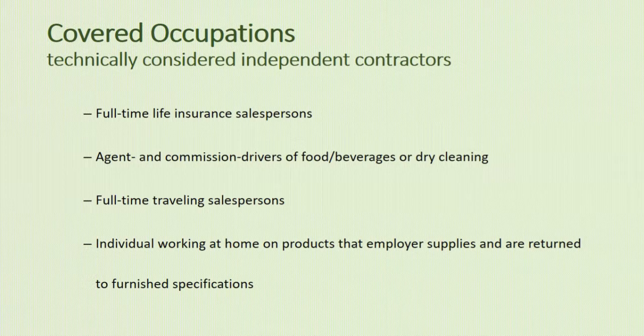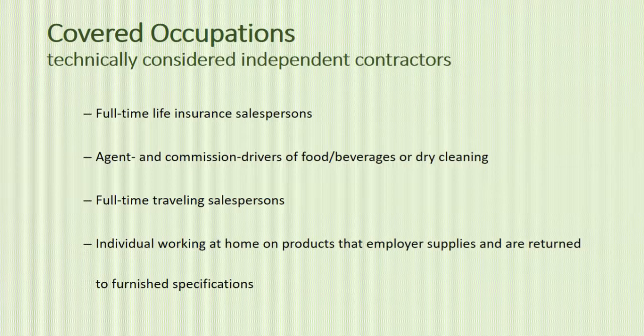Moving forward a little bit more, we're going to talk about the covered occupations. These technically are considered independent contractors. But in addition to those exemptions to not being covered, as we saw on that last slide, there are provisions to cover certain occupations where under the common law test, the individual is an independent contractor, but is considered an employee for FICA coverage.